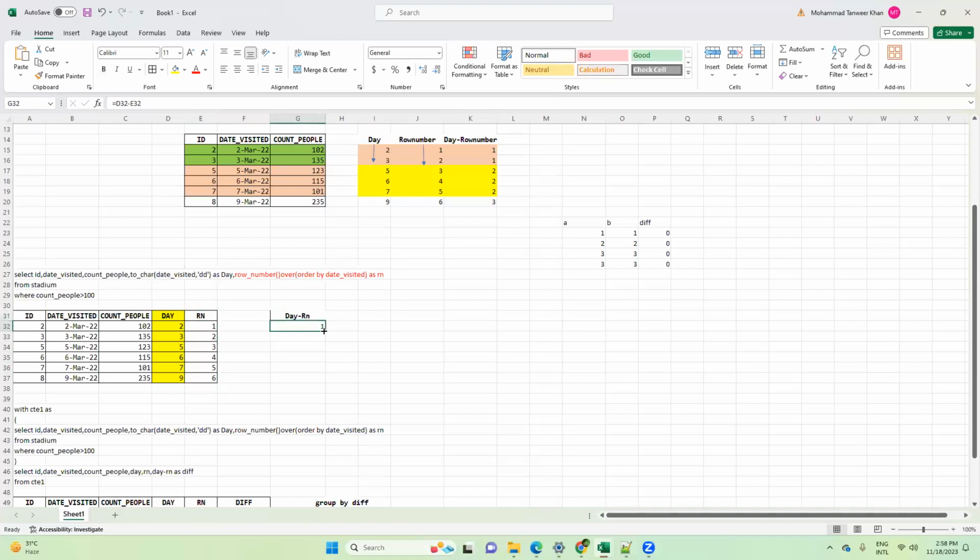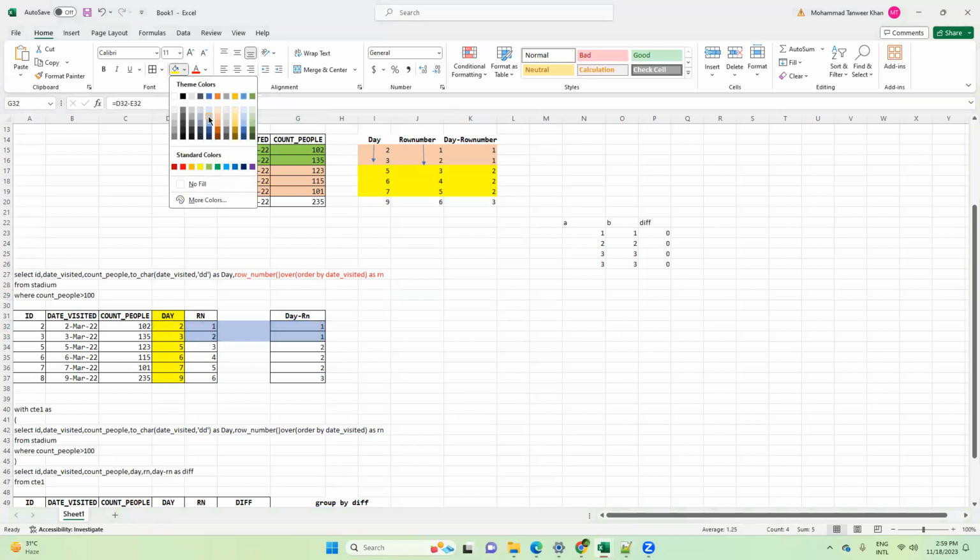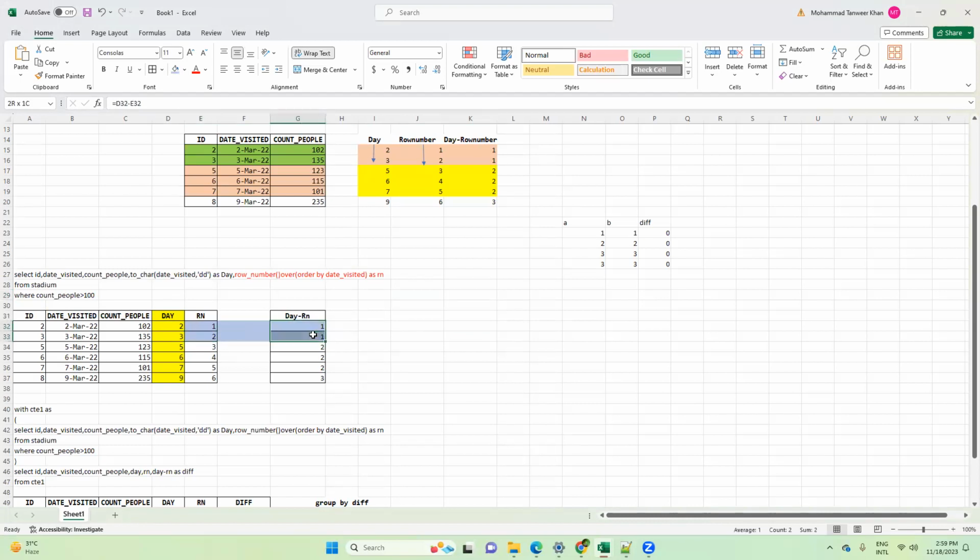So you see here, till here this difference is constant. Why is this constant? Because the row number is always getting incremented by 1. This difference is constant, so it is damn sure that day is also getting incremented by 1. Only then is this difference constant. Is that clear?